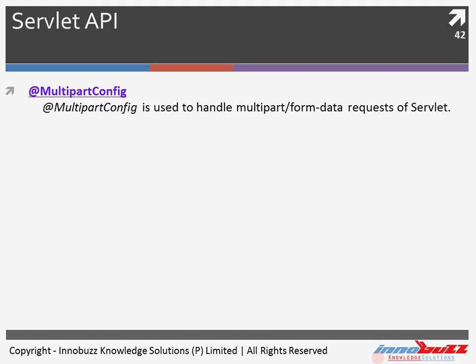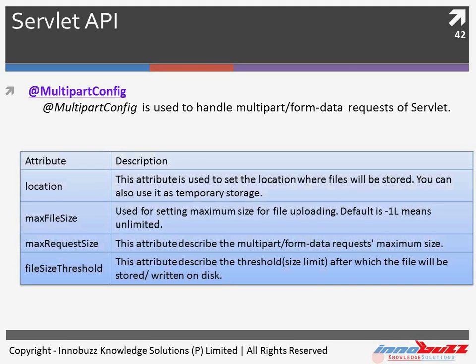It involves some very important attributes required during usage of this annotation, called location. In this location, we give an absolute path directly on the file system. It is important to remember that the location doesn't support a relative path, it just supports an absolute path.